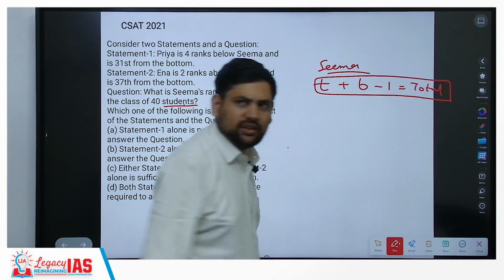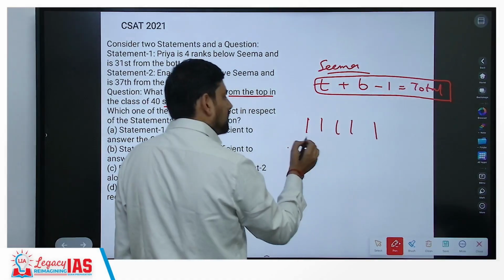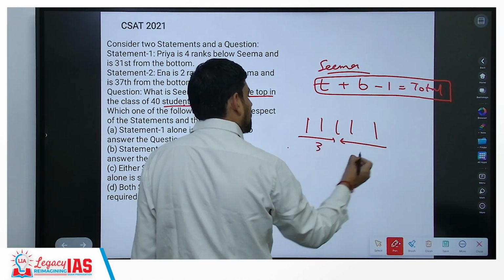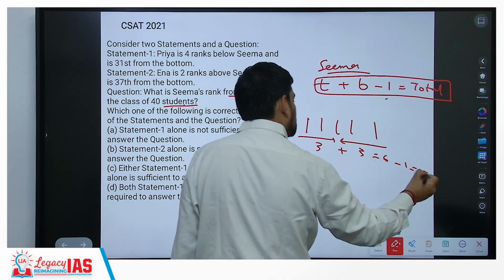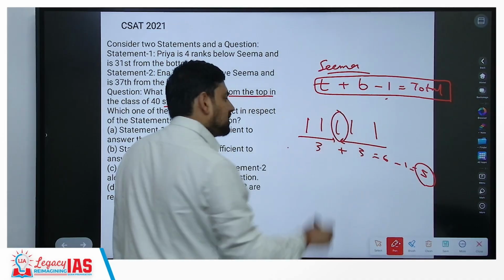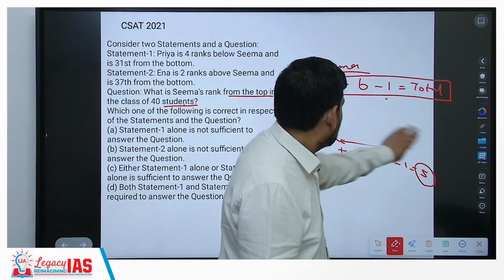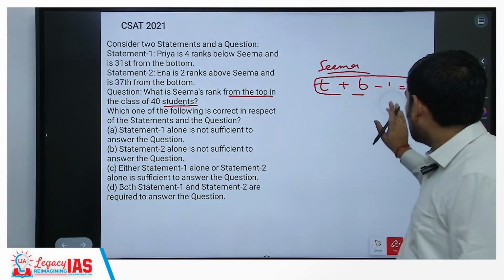For example, if there are 5 people, 1 2 3 4 5, this person is third from the left and third from the right. So 3 plus 3 is 6, but minus 1 gives 5, because this person gets counted twice. Here Seema gets counted twice. So the total equals her rank from the top plus her rank from the bottom minus 1.